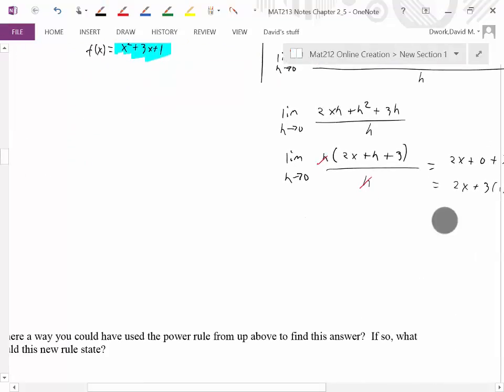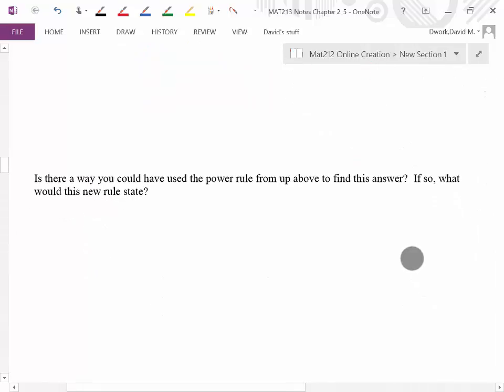So hopefully the rule we can come up with now is called the sum and difference rule. And what does that rule say?